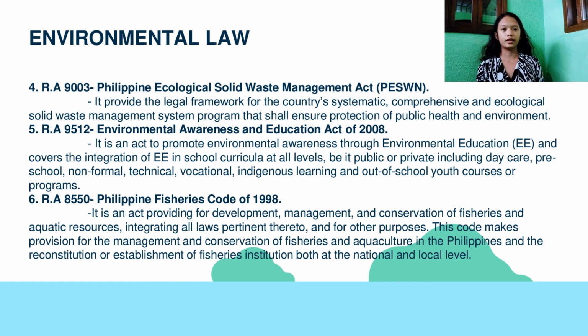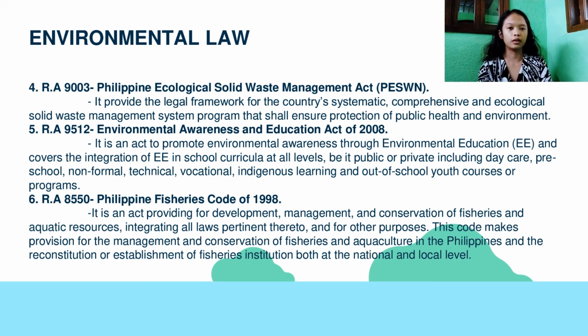Next is RA 9512, an act to promote environmental awareness through environmental education and for other purposes. The state shall promote national awareness of the role of natural resources in economic growth and the importance of environmental conservation and ecological balance towards sustained national development.